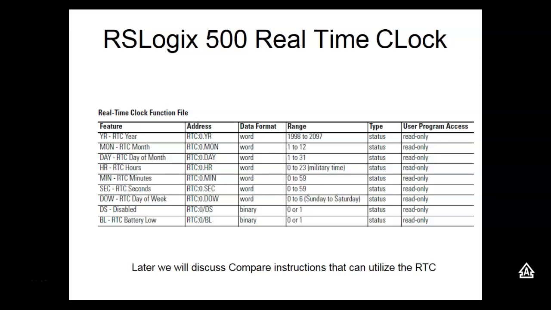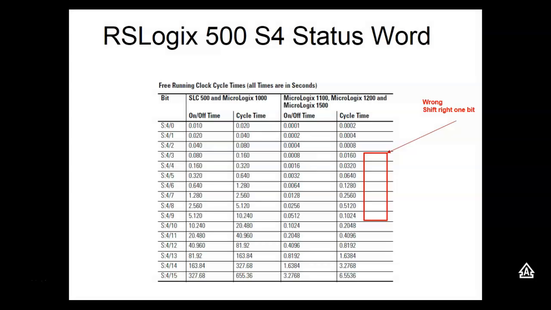So I could come up here and say S4. I could assign a contact to S4:7, and it would flash at this rate right here, about 1 second. It would flash off and on, off and on. Then I could put that on my light, and I wouldn't have to use cross coupled timers.